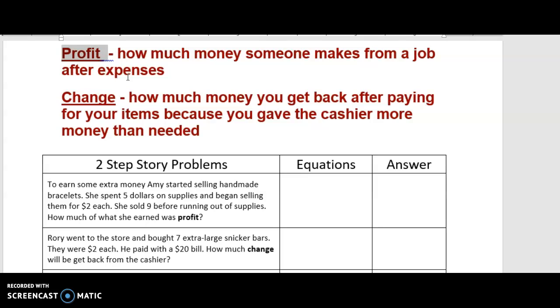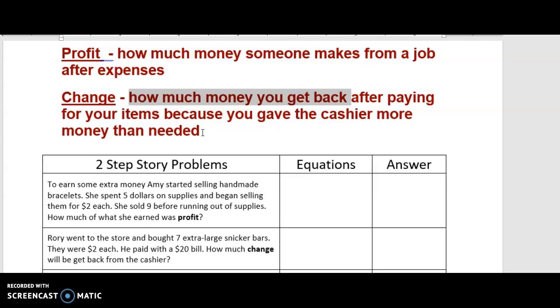So profit is how much money you make. And the next thing with money is the word change. Now, when we think of the word change, we think like something's changing colors or something's changing sizes. But when we talk about money, change is how much money you get back. Maybe you were paying for items and you gave the cashier more money than they needed. Your bill was $18.